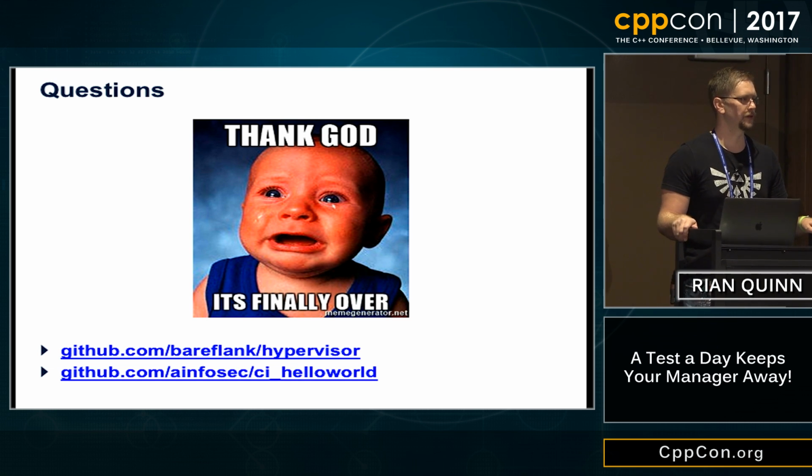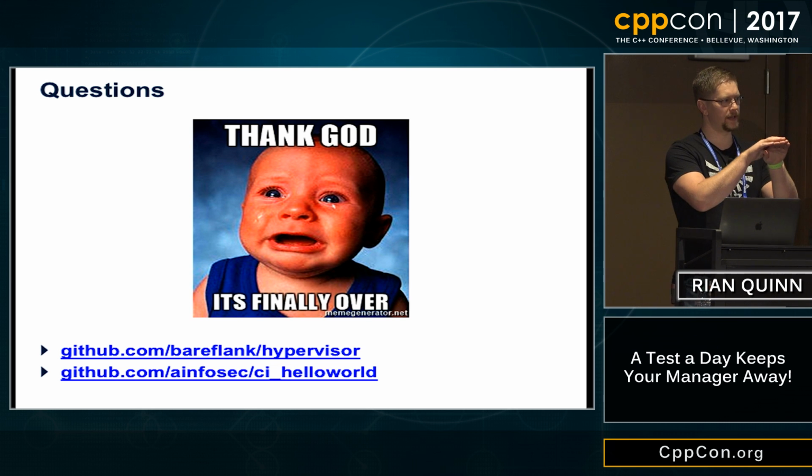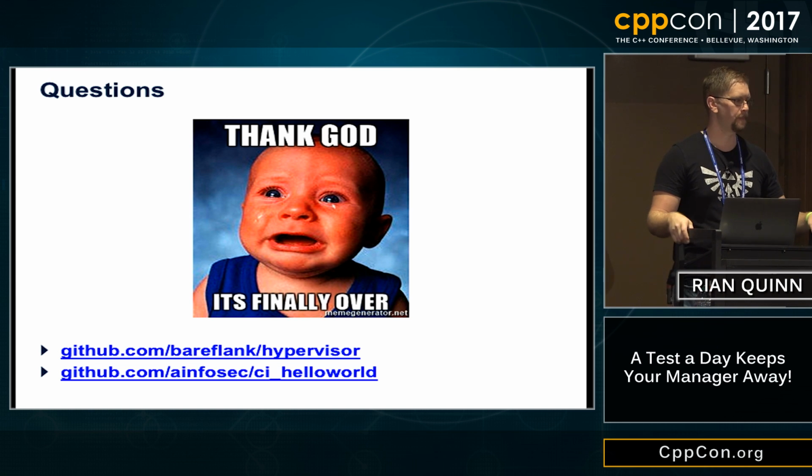Correct. Can you comment on why you do it that way as opposed to doing all your checks within the same Travis instance? Yes. So the question is, why don't I run all of my checks within one Travis instance versus what I'm doing in the example, where I do it one block at a time.